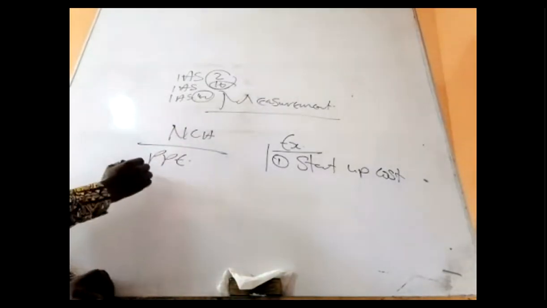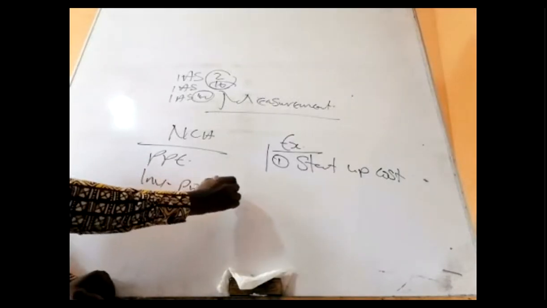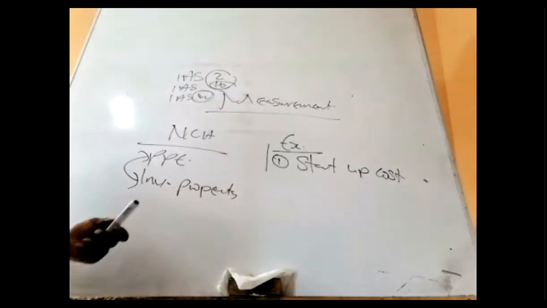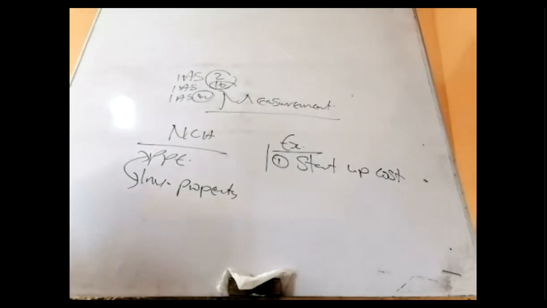After PPE, you come to investment property. It's on its own. Do not add it to the PPE because they are different. PPEs are assets that are for use. Investment properties are assets that are not for sale, not for use, but for rental or for long-term capital appreciation, so we classify them differently.